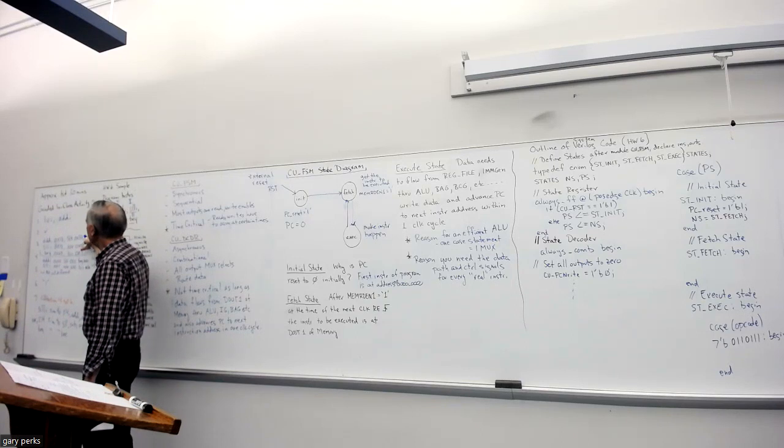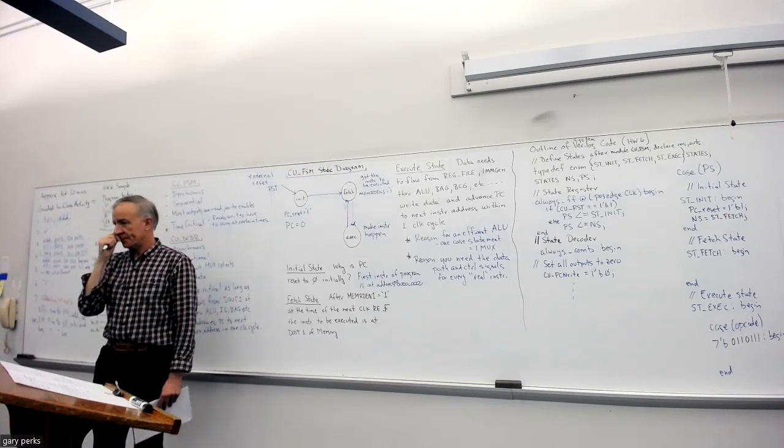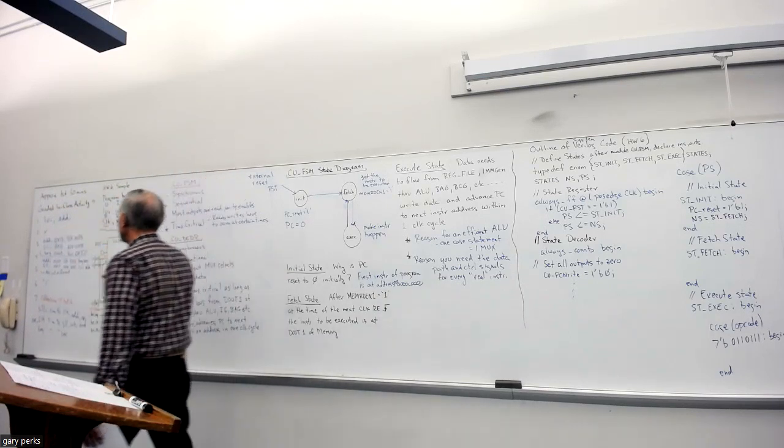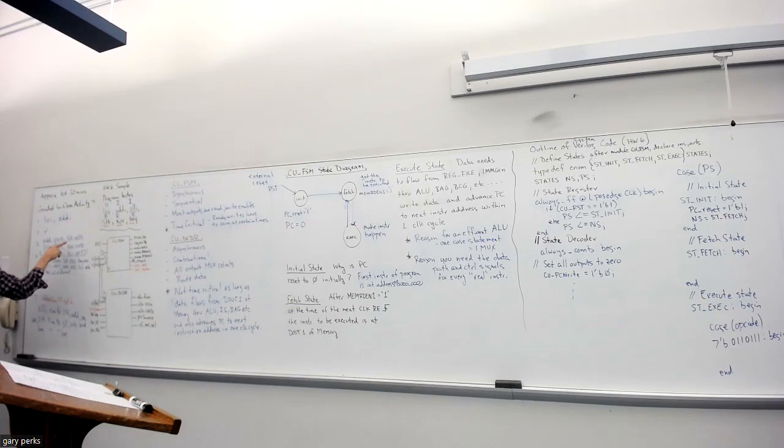So how can we differentiate? They have the same opcode. The function 3, right? They have different function 3 values: SLT is 010 and XOR is 100.